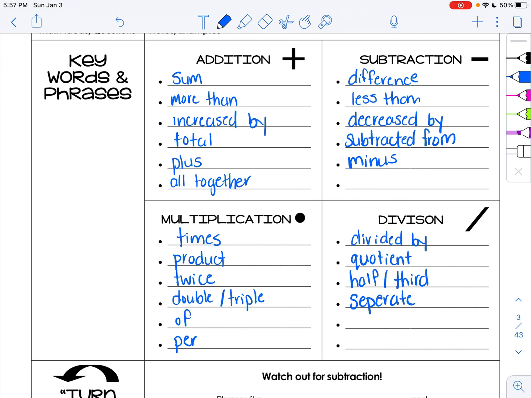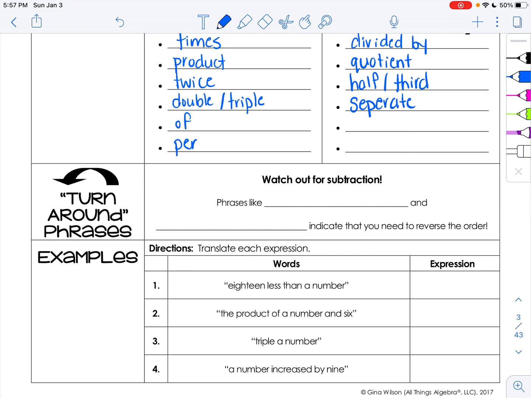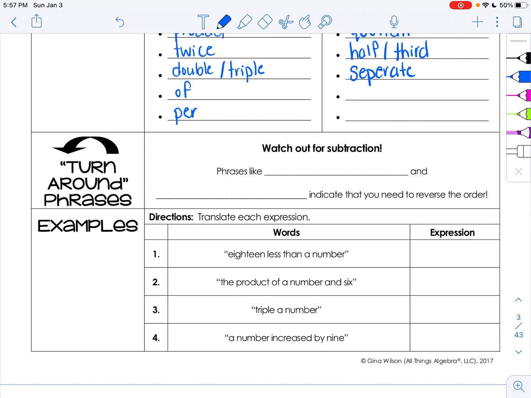Now there's some important ones that you want to watch out for. We call these turnaround phrases. So for example, phrases like less than. This is a turnaround phrase because it has the word than.